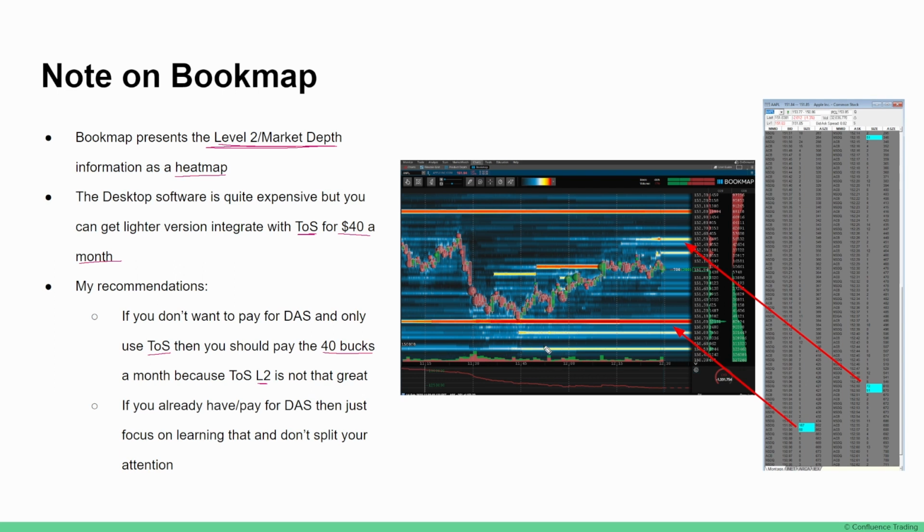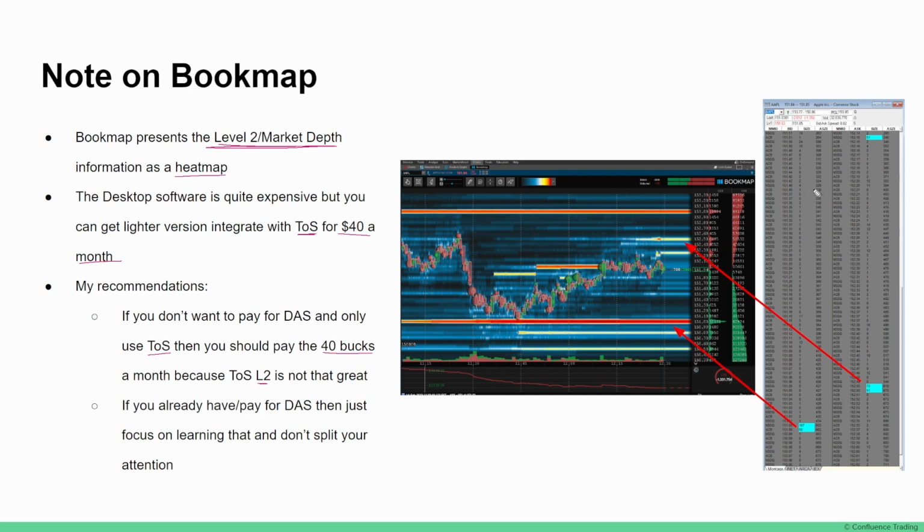So now a quick example of what Bookmap looks like. On the left-hand side, you have Bookmap. On the right-hand side, you have a traditional level 2, like what we've been looking at on all the other slides in this lesson. On Bookmap, you have price on the y-axis, and it displays the orders as heat bars. The darker the heat bar, the larger the order.